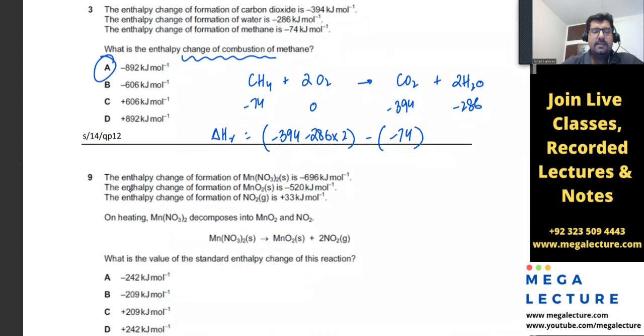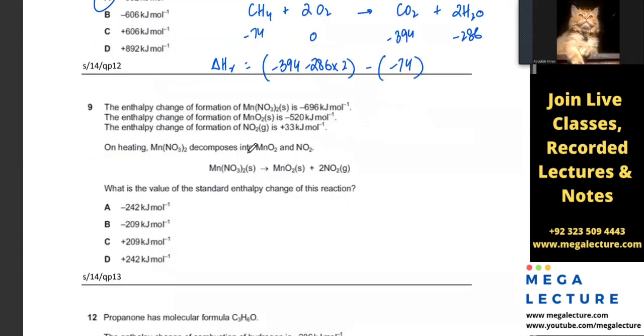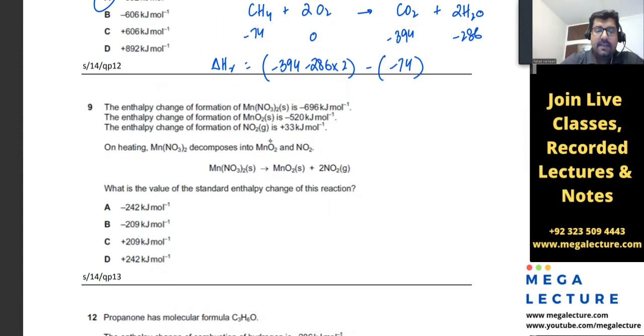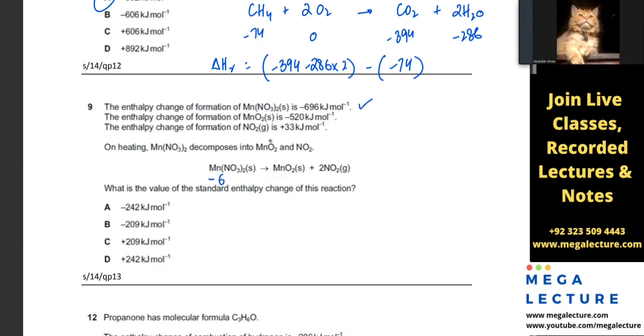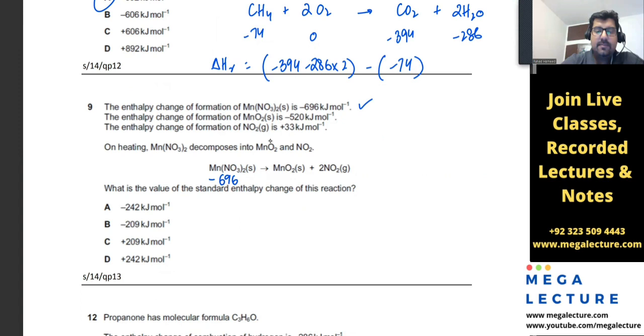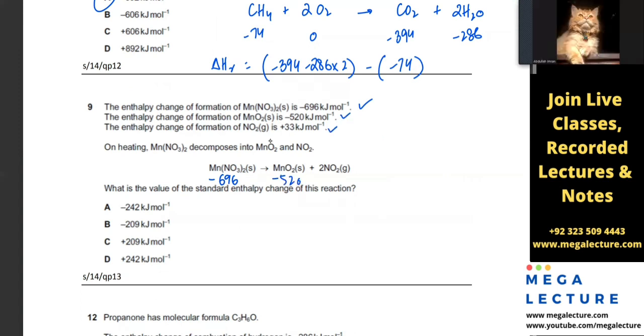The next one is exactly the same. Formation of all three are given. Magnesium nitrate, that's minus 696. MgO, that's minus 520. And this is 33. So again, product minus reactant.